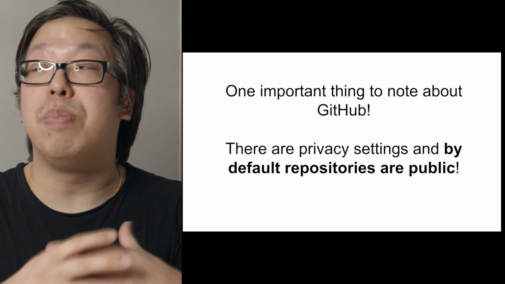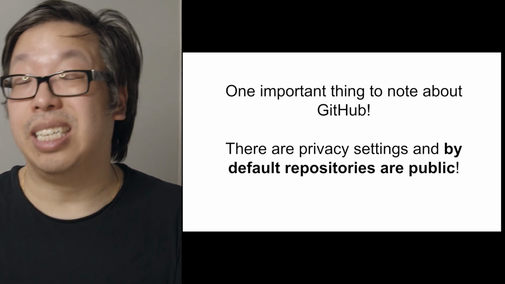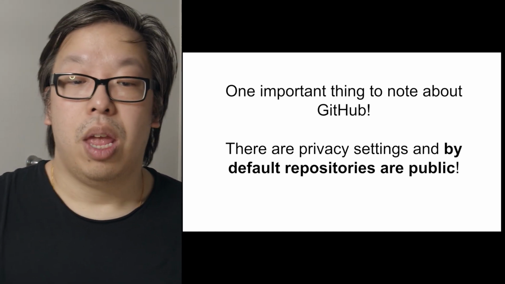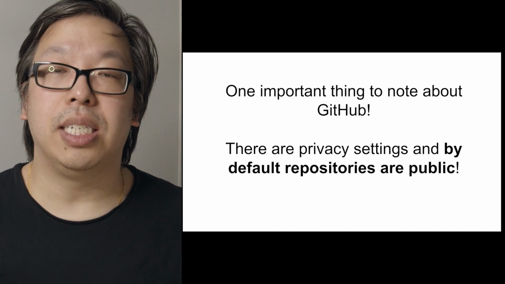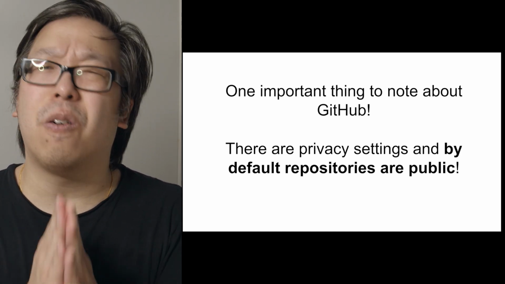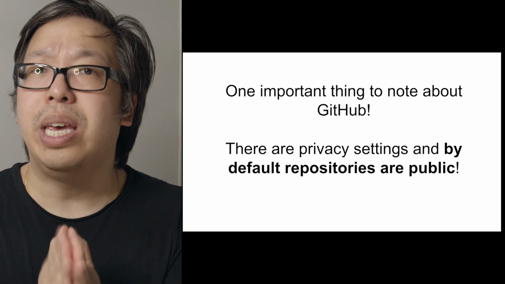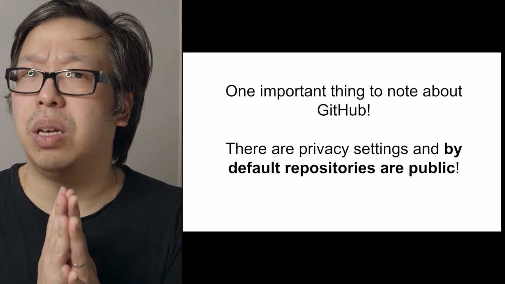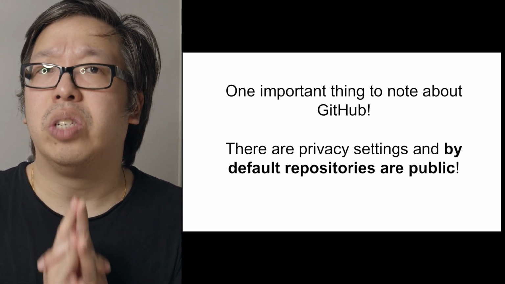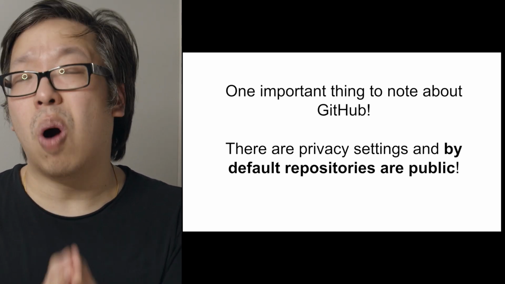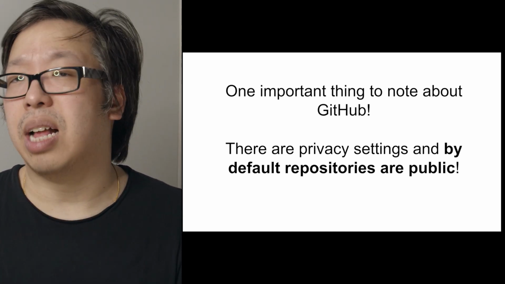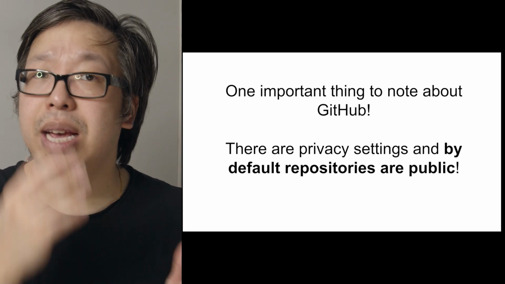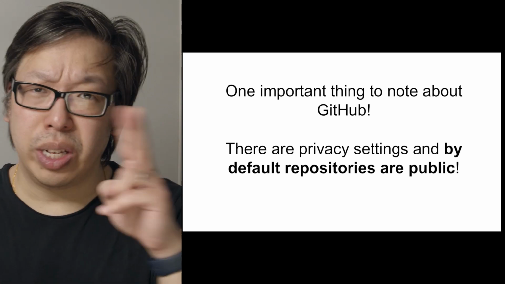People can find it, people can search it, people can view it and see all of it. So the default privacy settings for this are public. And in fact, for this course, we kind of want you to keep it public so that it's easy for the TAs and the professor to go in and see the code and mark your code and all that stuff. So with that being said, there's two things to keep in mind.